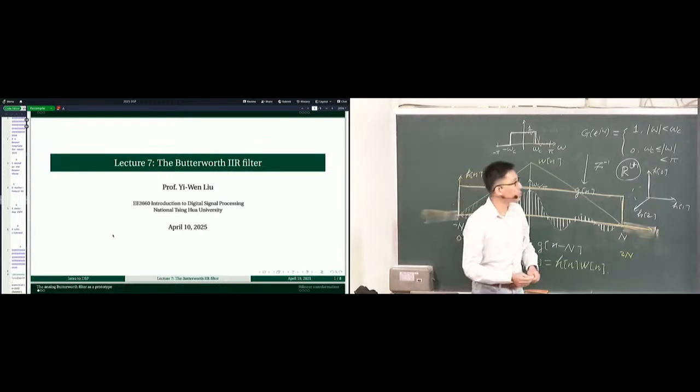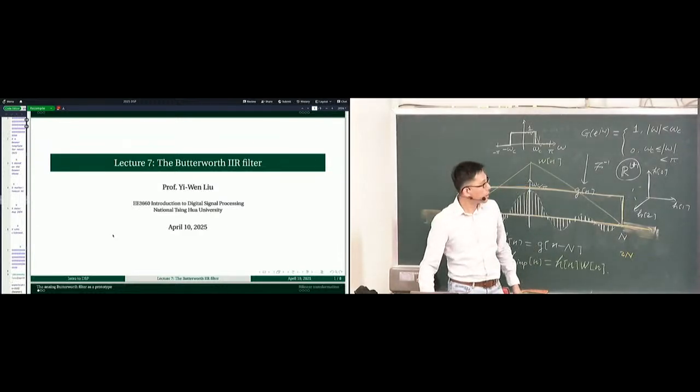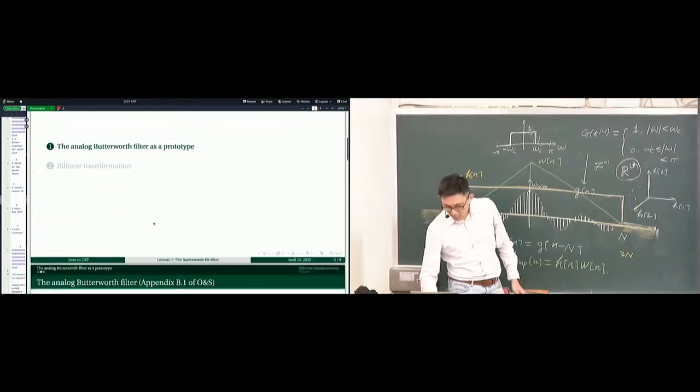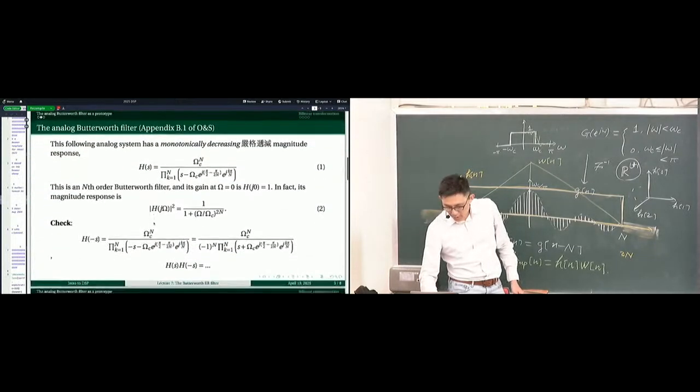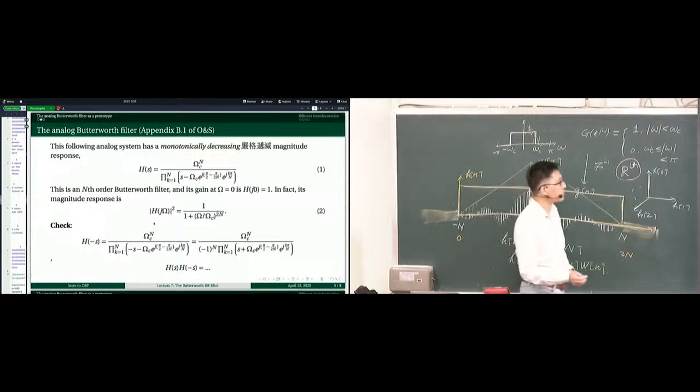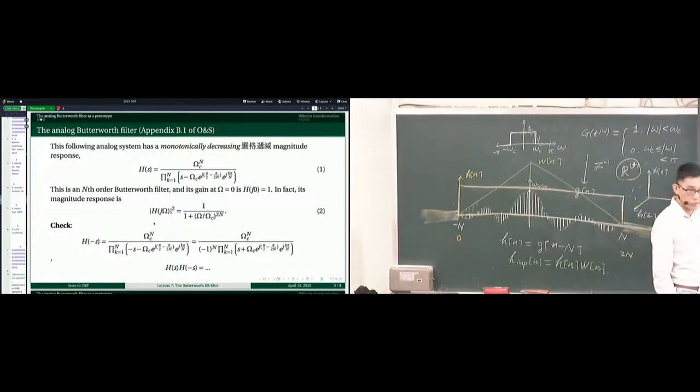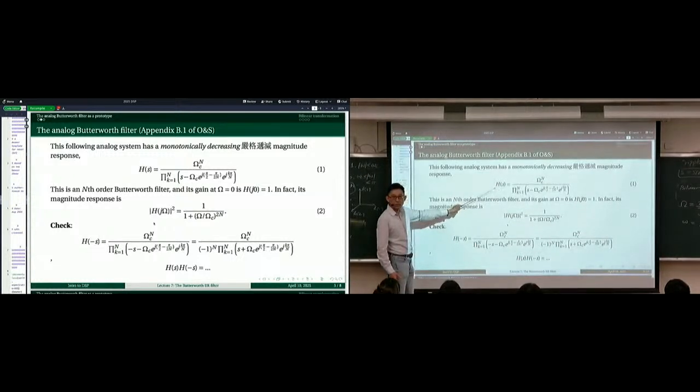So the Butterworth filter, quickly. Here, we start with this transfer function in the S domain, which already looks complicated. It's a Laplace domain function, H of s.